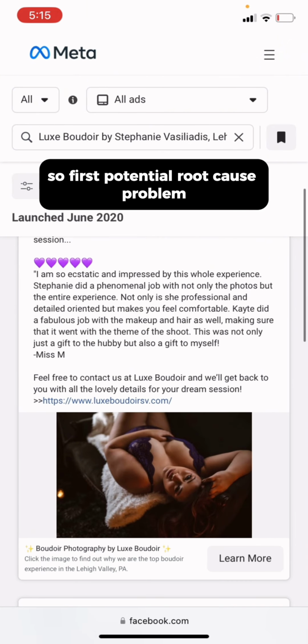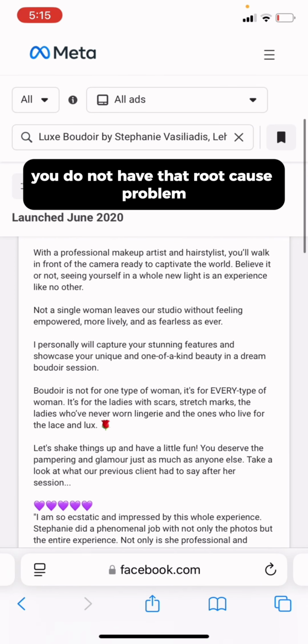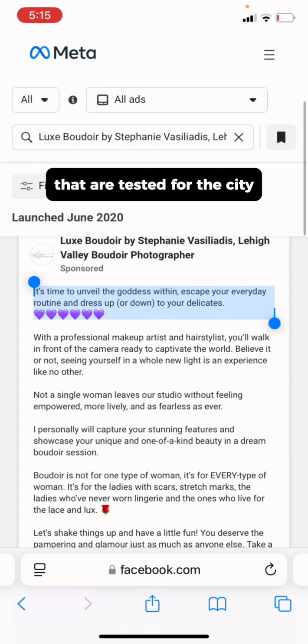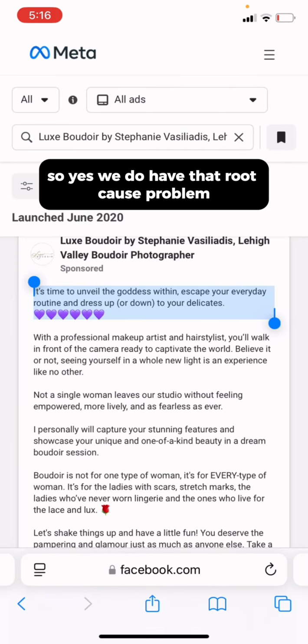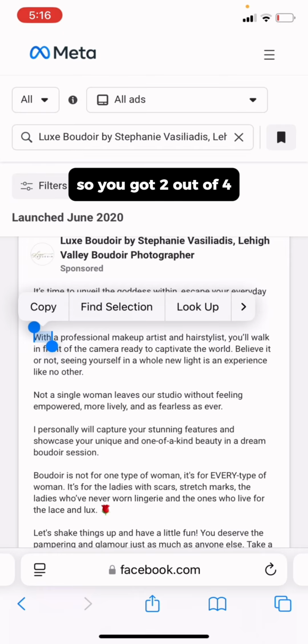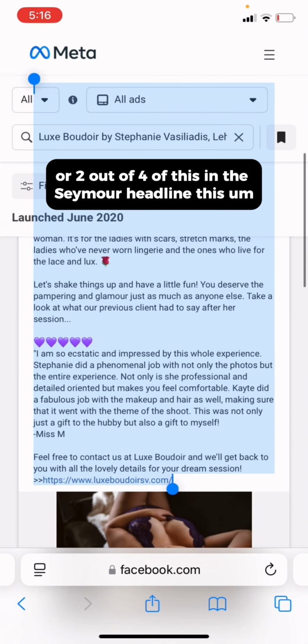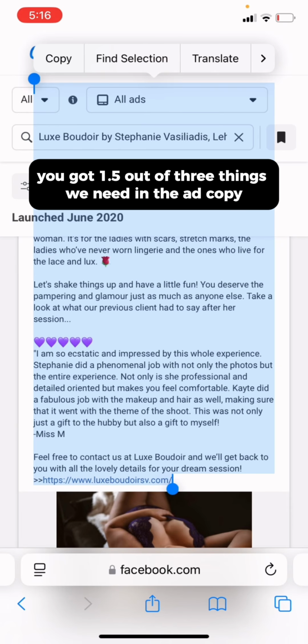So first potential root cause problem, does it look like an ad? Okay, you do not have that root cause problem. See more headline, we have to have 4 specific attributes in here that are tested for the city that we are actually advertising in. So yes, you do have that root cause problem. You got 2 out of 4 of this in the See more headline. The ad copy, you got 1.5 out of 3 things we need in the ad copy.